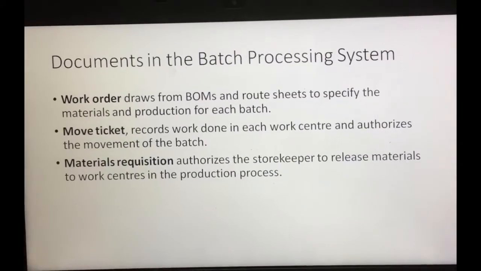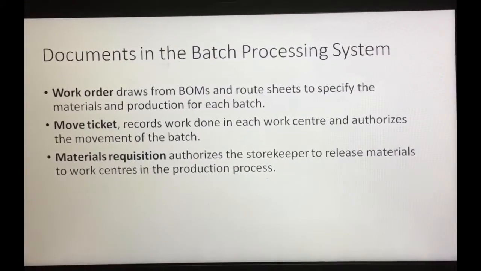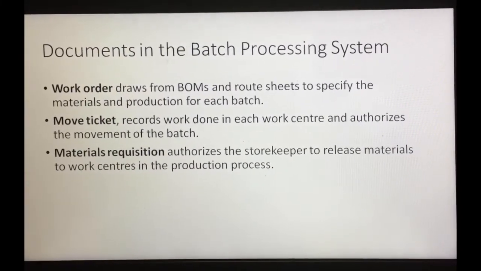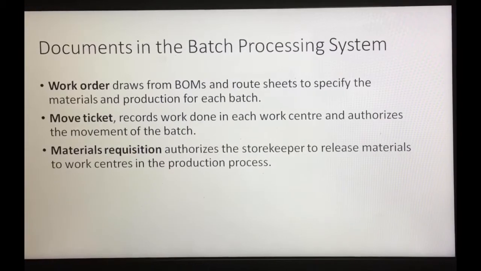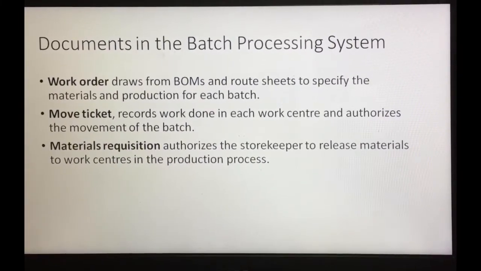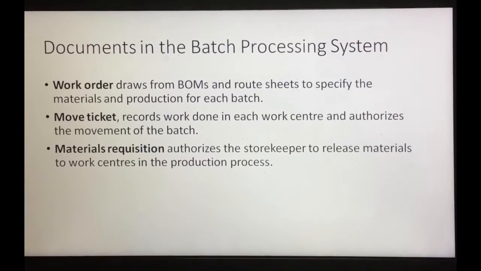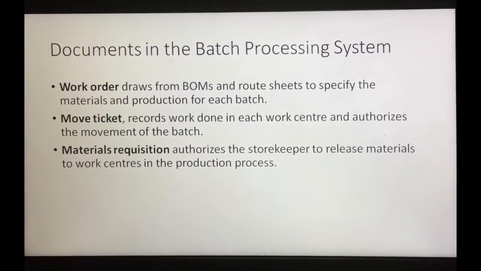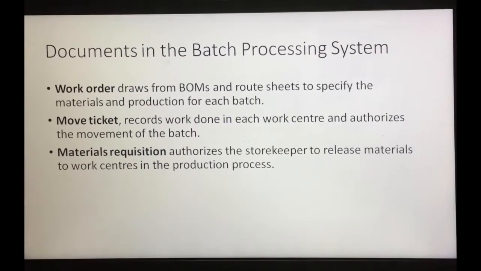Work order draws from bill of materials and route sheets to specify the materials and production for each batch. Together with move tickets, initiate the manufacturing process in the production departments.